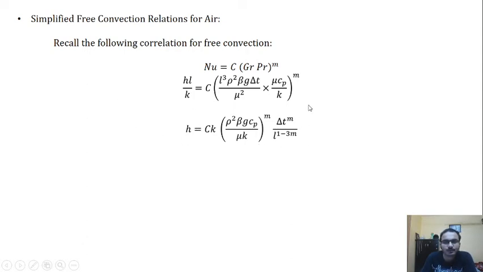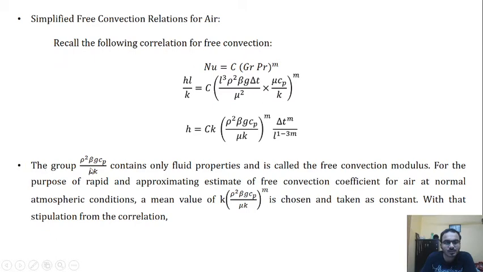Here the first group, that is rho squared beta g Cp over mu k, contains only fluid properties and it is called the free convection modulus.